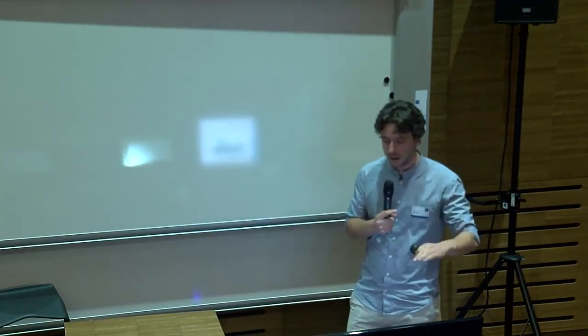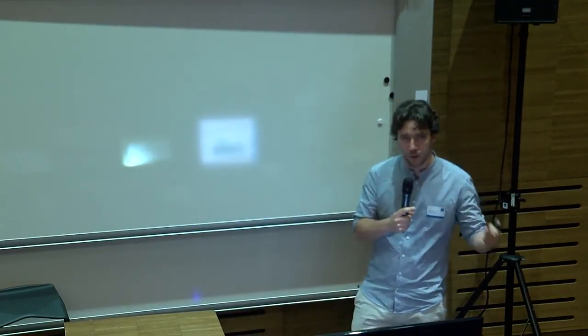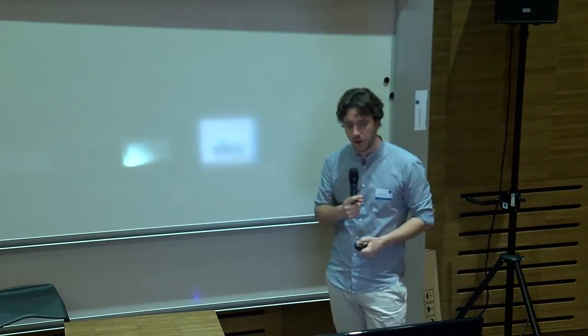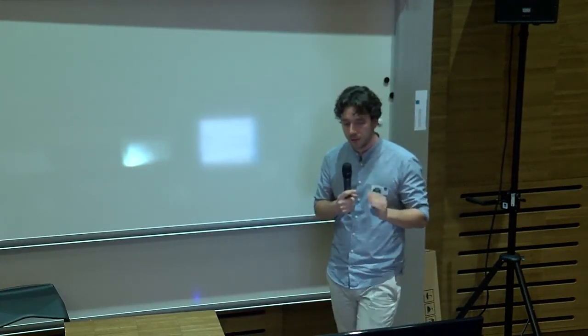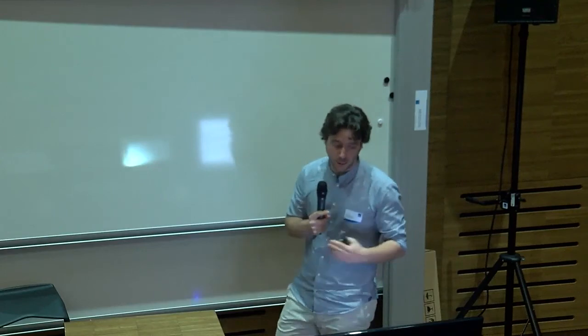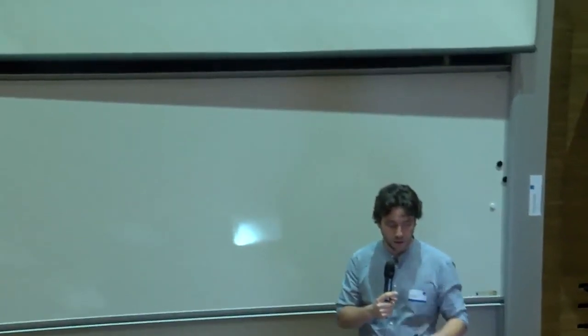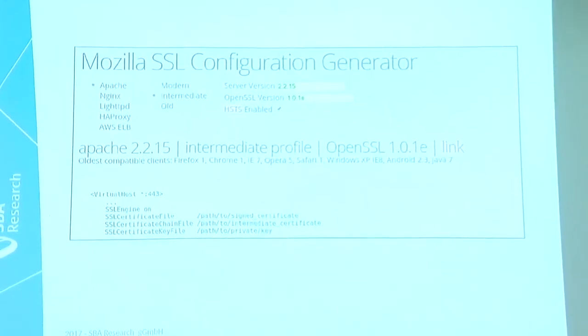And even for the issue we identified, getting the right balance between compatibility and security, we can point to nice projects now like the Mozilla SSL configuration generator. It's a simple web page. You choose your server product and you choose a configuration you want to have, like modern, intermediate or old, and you get a really good configuration.